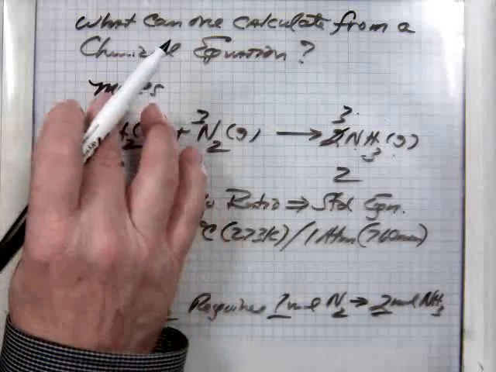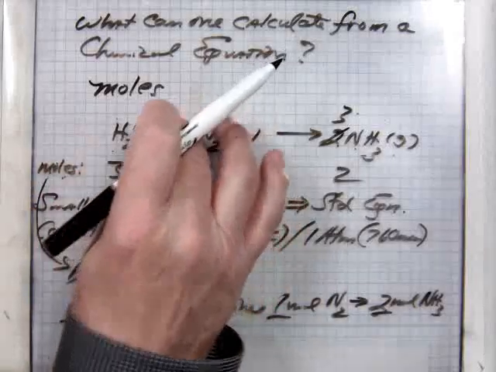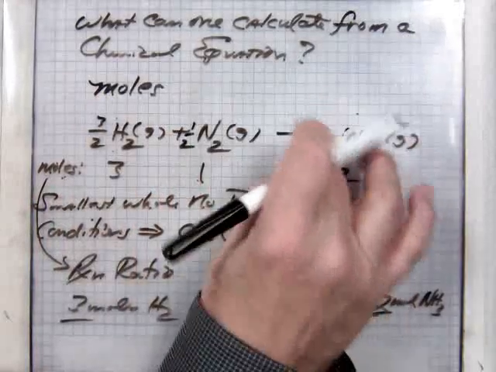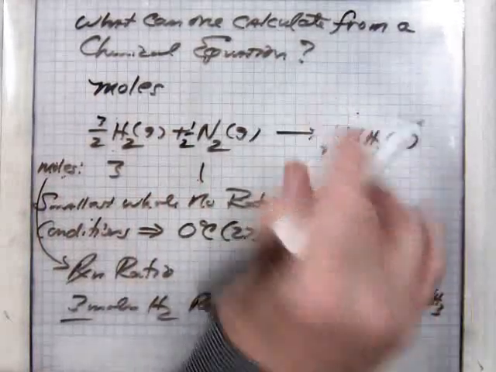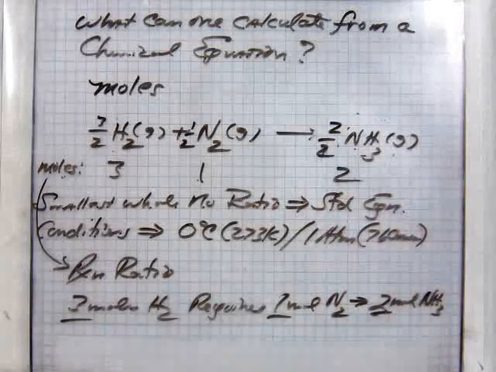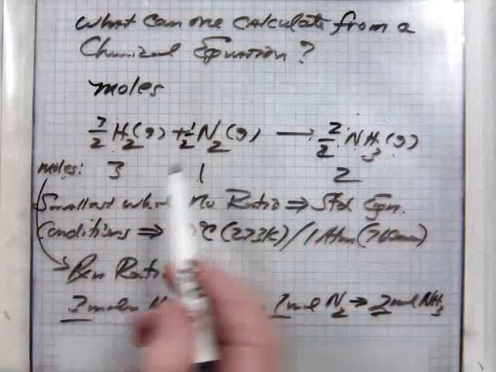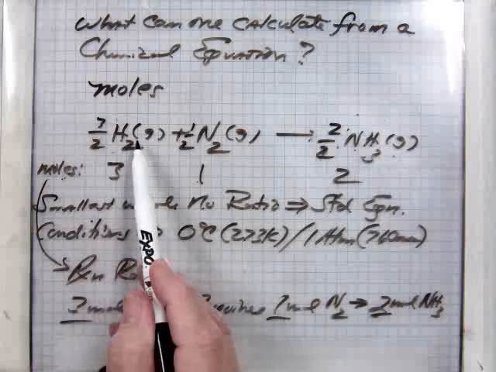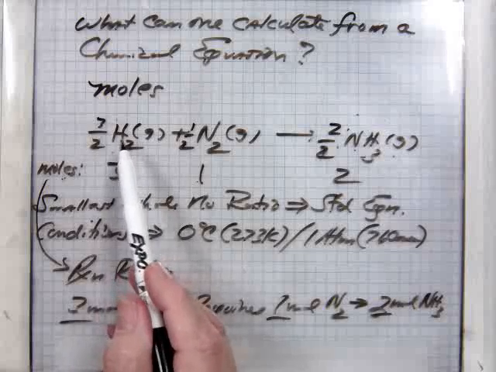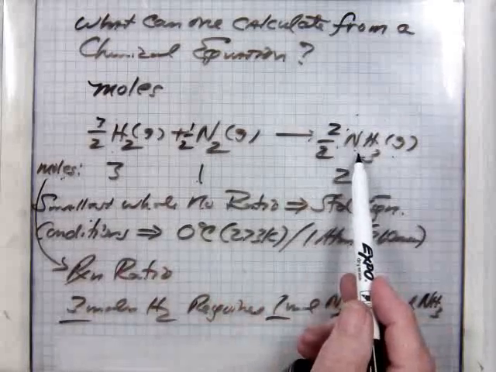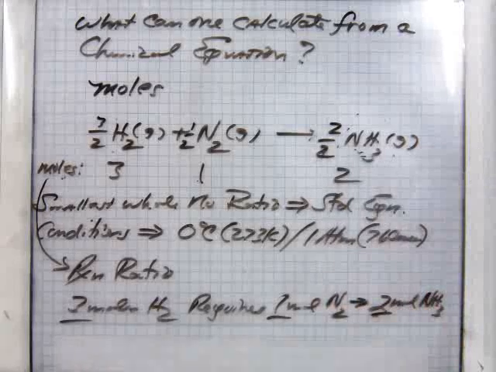Now I can go through and cut them in half also, and it's still a valid equation. Still a reaction will occur. We'll use up 3/2 mole of hydrogen, a 1/2 mole of nitrogen, and we'll produce a full mole of ammonia. Now you can calculate the mass numbers that go with that.